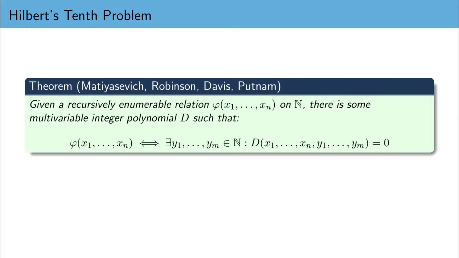So recall that the MRDP theorem, the negative result to Hilbert's 10th problem, states that if we have some sort of recursively enumerable relation phi on the natural numbers, that is to say there's some computer program that takes in some inputs and outputs a Boolean, where we treat running forever as kind of outputting false, then there's some Diophantine equation, some multivariable integer polynomial d, such that phi holds of x1 through xn if and only if there are some natural numbers y1 through yn, such that when we plug the x's and y's into d, we get 0.